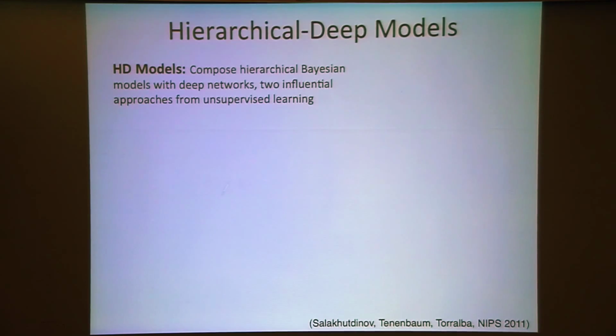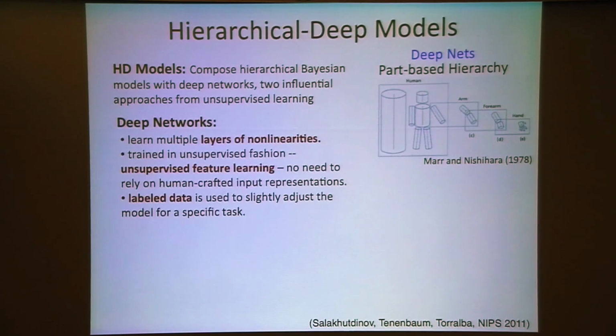Okay, so the hierarchical deep model, the idea here is that we're going to compose hierarchical Bayesian models with deep networks. These are two fairly influential approaches for unsupervised learning, right? We've talked a lot about deep networks, and the way to think about them is as part-based hierarchies, right?